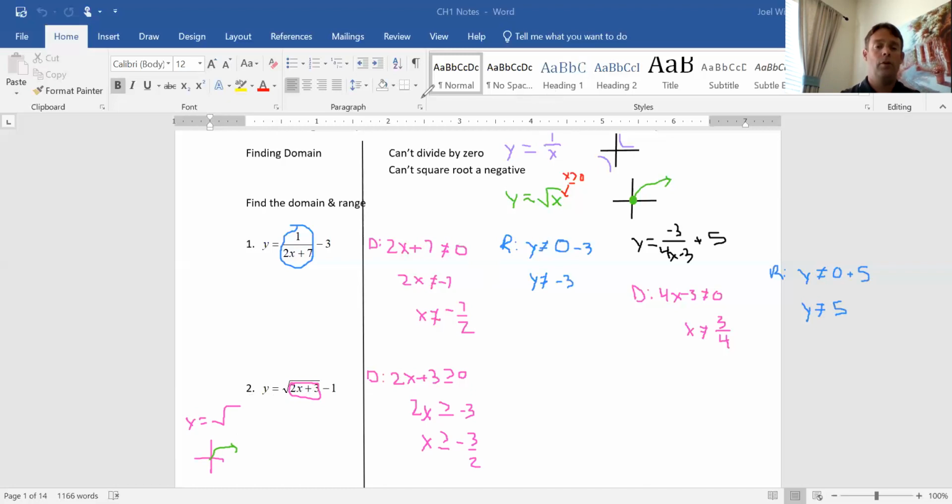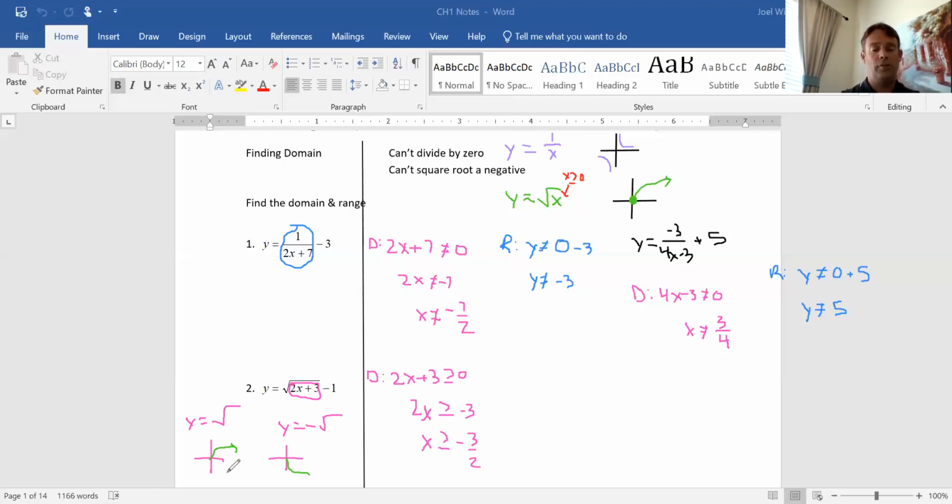But if that square root had a negative in front of it, my graph would have been going underneath. The reason why that matters is for range.